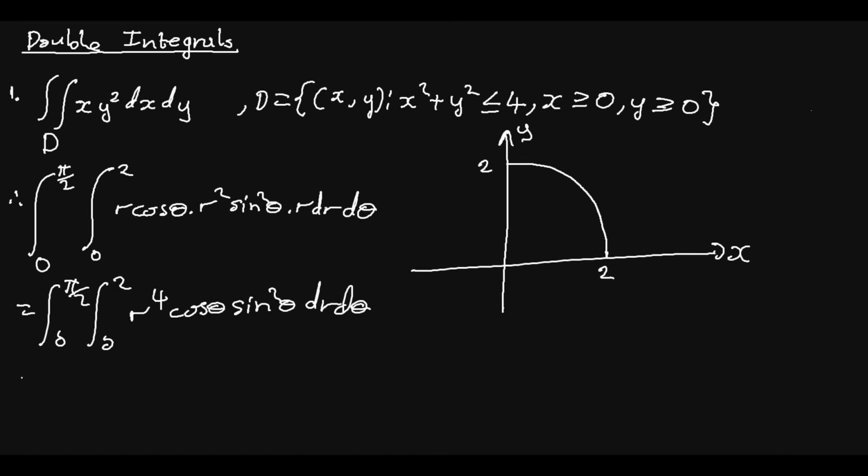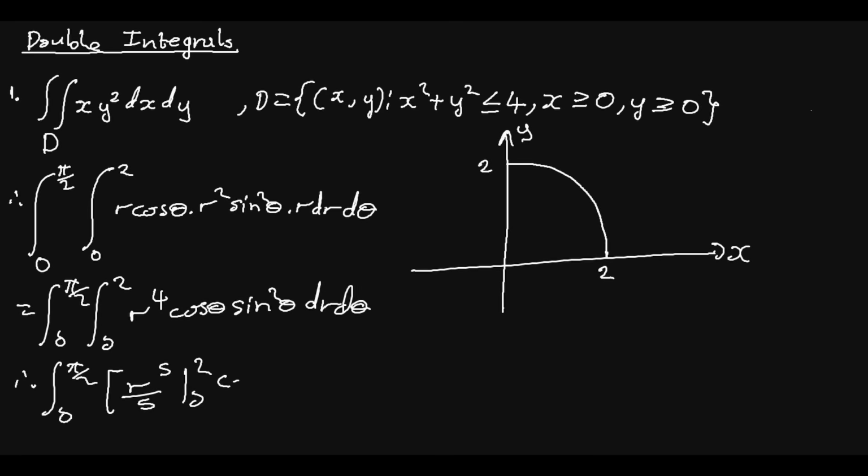so then we integrate with respect to r first. We have r raised to 5 all over 5. We have to apply the limits here, 0 to 2.